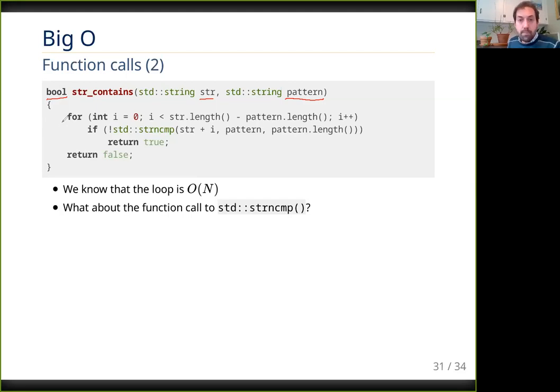There are surely better algorithms than this one. This one is extremely naive, but imagine that str is a certain string. I'm not gonna write it, but let's imagine it's plenty of characters. And let's imagine that pattern is also a string, like that's just a small word. And so we're trying to see if that word appears anywhere in the string.